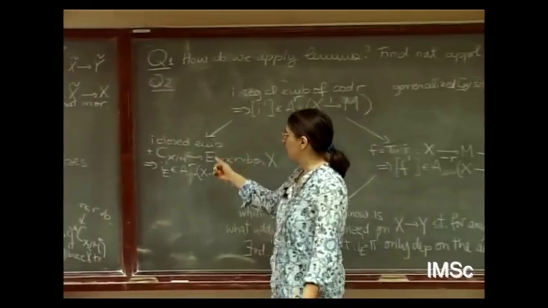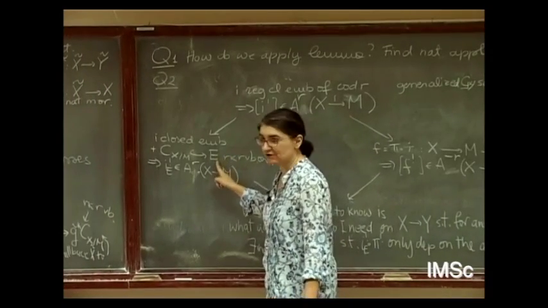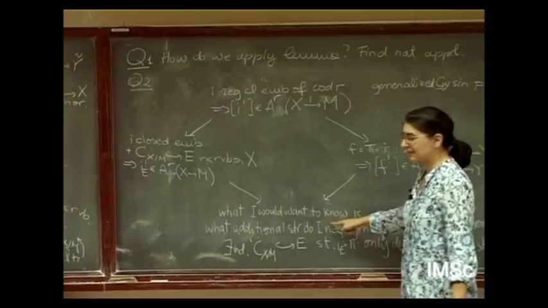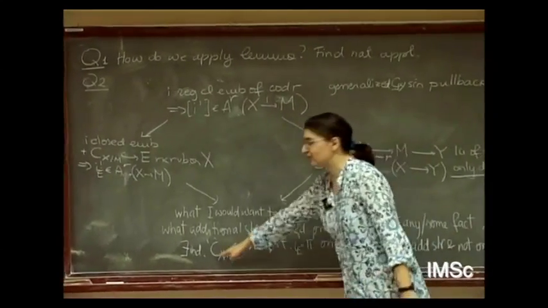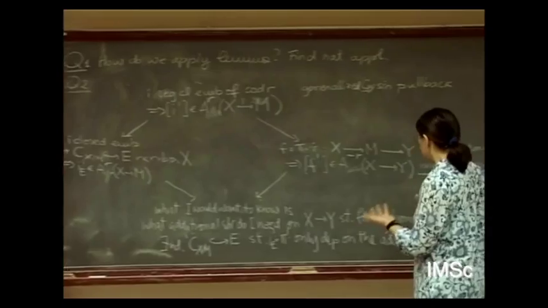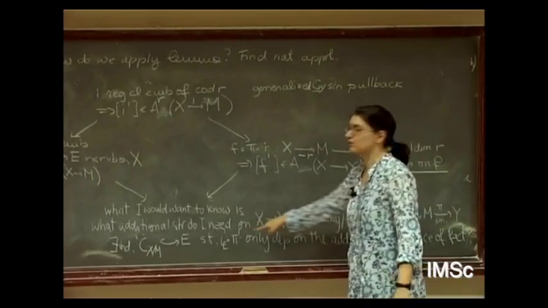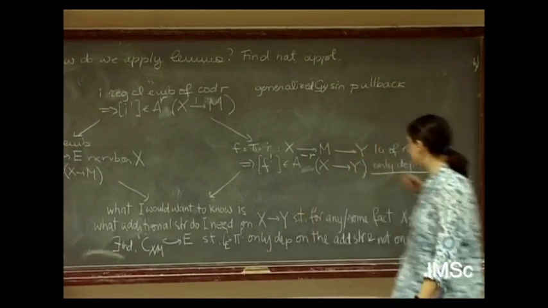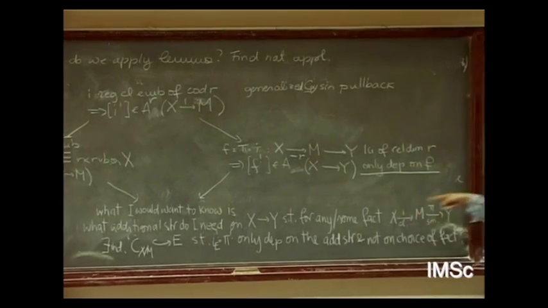Here I'm choosing extra data. What I want to do here, it's clear that if I choose such a thing, I get it. But what I want is something which I can choose already at the level of the morphism x to y without choosing a specific factorization.